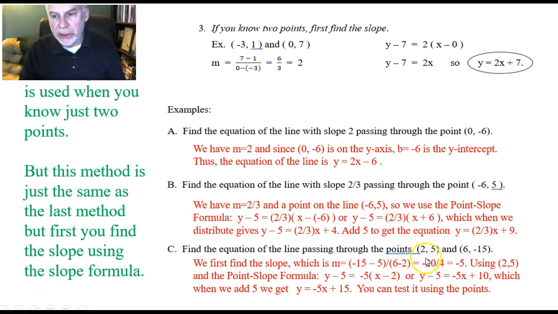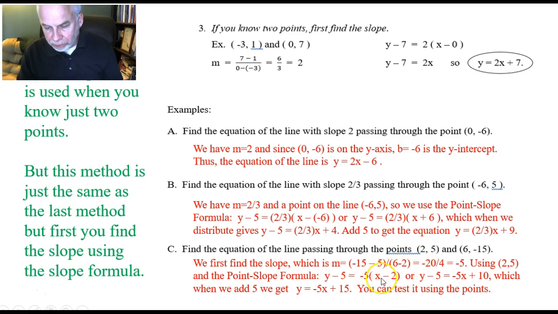And then I'm going to use the point 2, 5. Now I could have used 6, -15, but it's easier to use the smaller numbers, 2, 5, as my x1, y1. And then I plug those into the formula. So I had y minus the y coordinate, which is 5, equals m, which was negative 5 that I found already, times parentheses x minus 2.